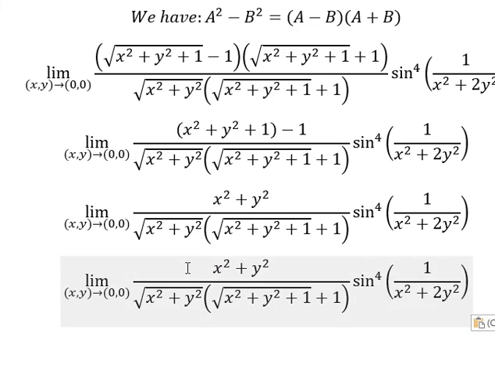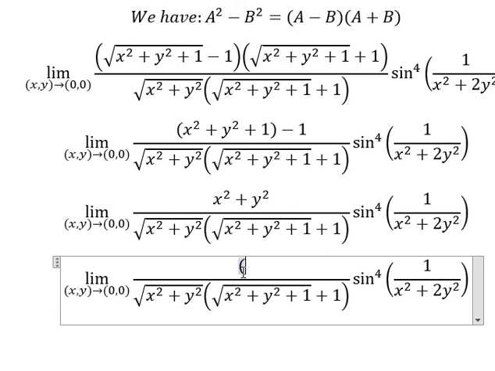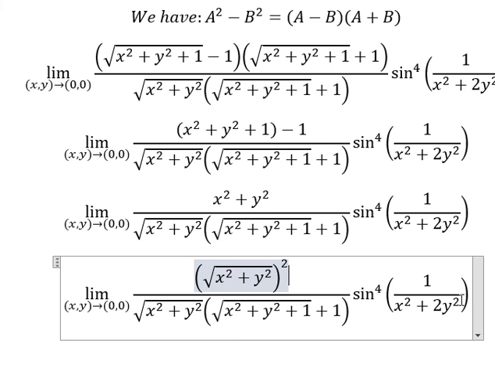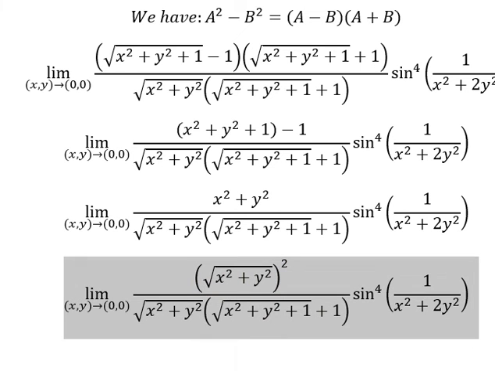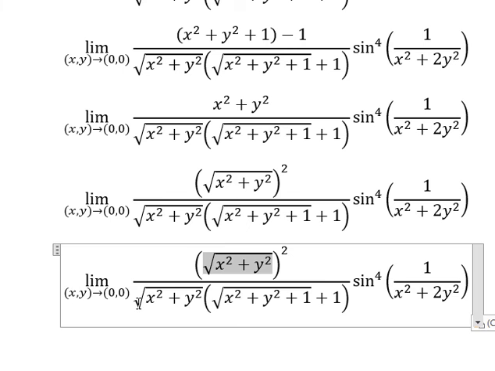So we know that s squared plus y squared is the square root of s squared plus y squared to the power of 2. Now we can simplify this one and this one in here. So we just have only the square root of s squared plus y squared in here.